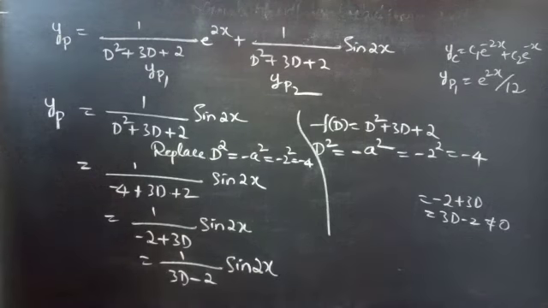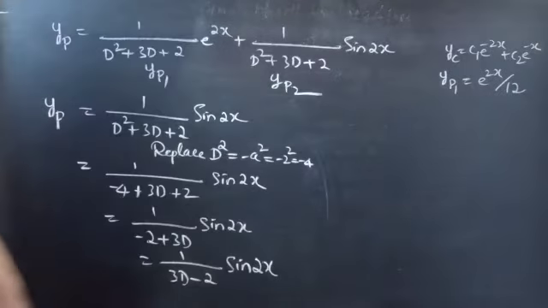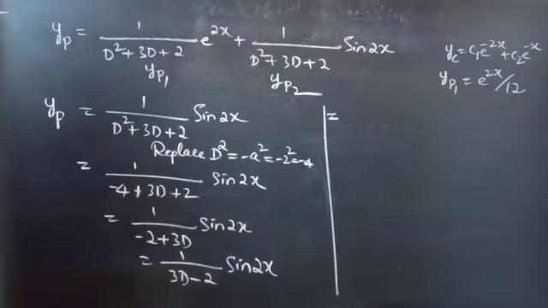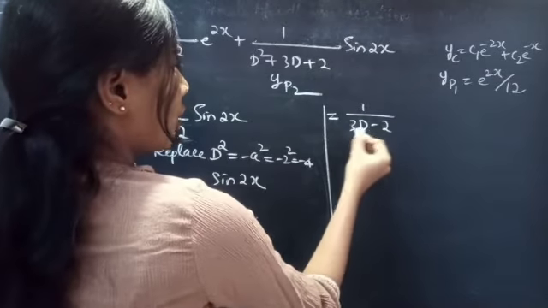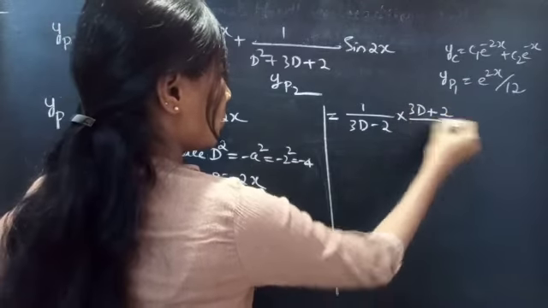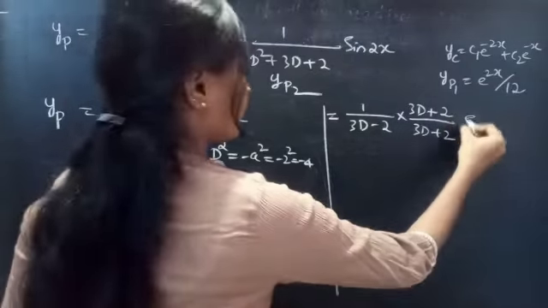Now what do we have to do? In the denominator you have 3D minus 2. We'll multiply and divide by 3D plus 2 into sine 2x.